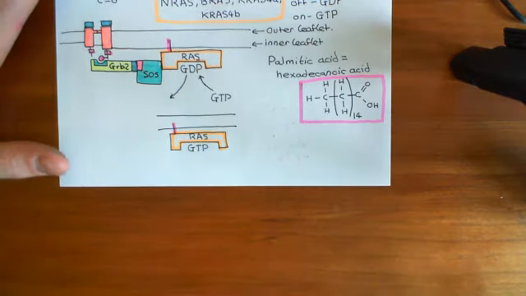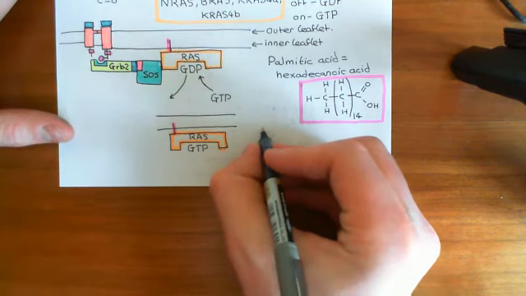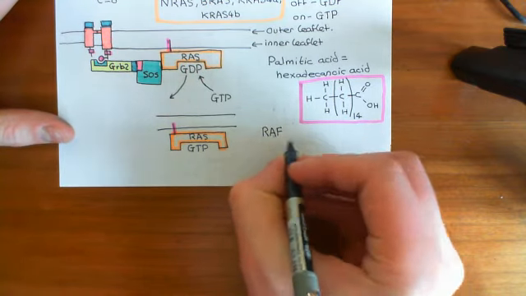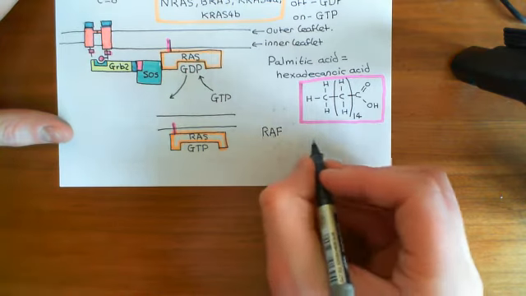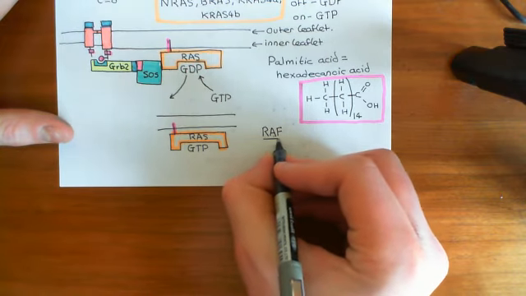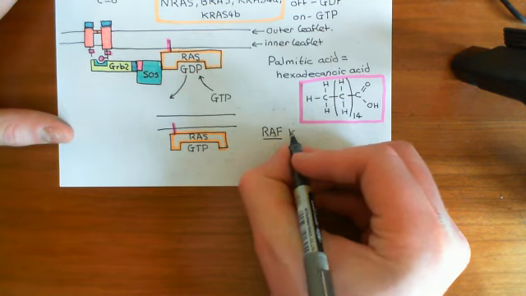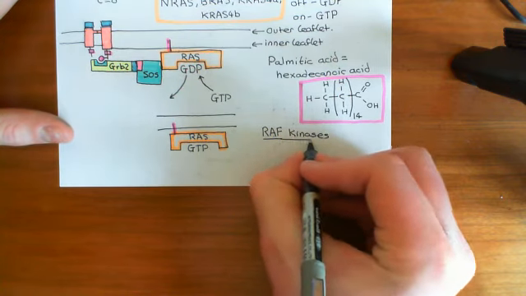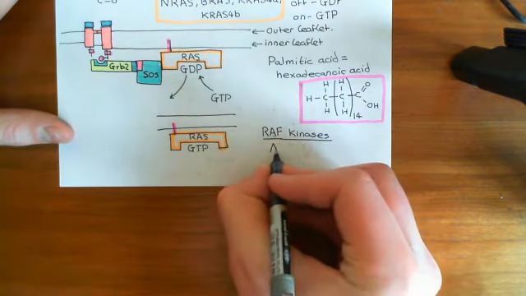Okay, and again, there are multiple RAF enzymes. So we'll discuss RAF enzymes. They are kinase enzymes, so they phosphorylate serine and threonine residues majorly. Okay, so RAF kinases. So you have ARAF, BRAF, and CRAF in humans.